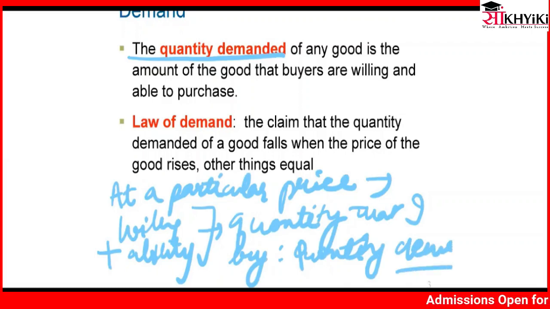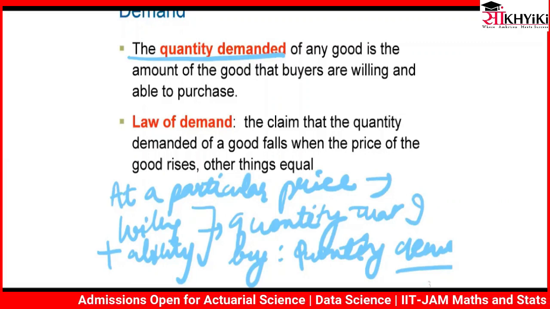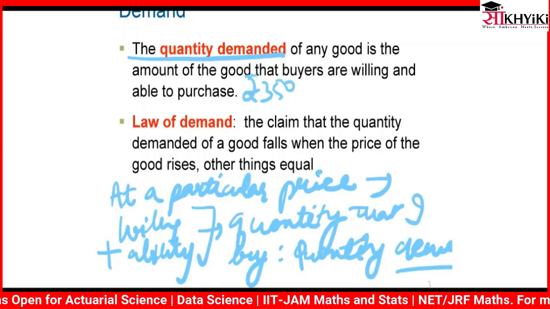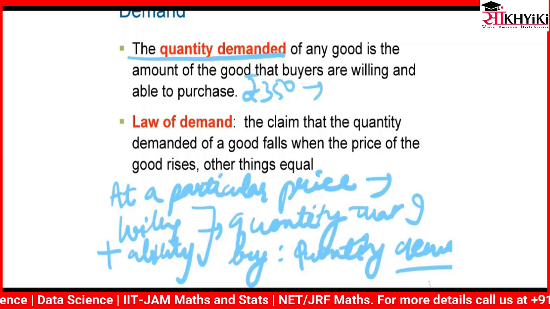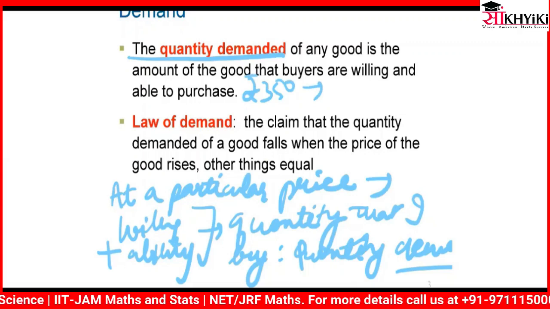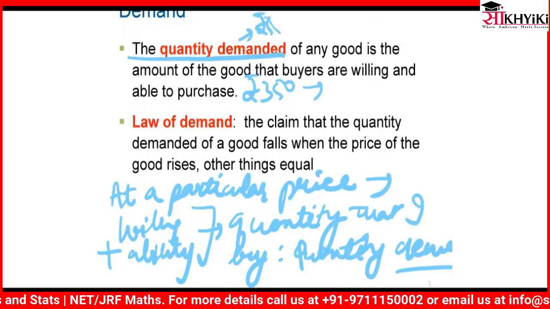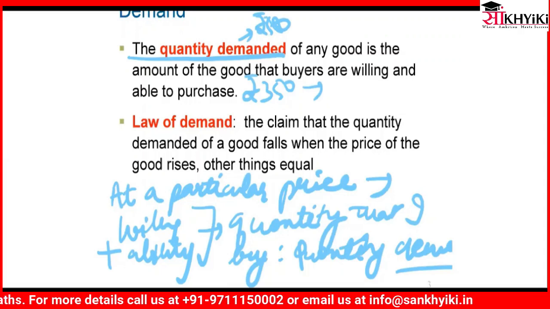Okay. Now there is another thing that we must understand. So for example, suppose there is a book which costs rupees 350, and suppose I have a willingness to buy. I love reading books, so I have my willingness to buy that book, and I have 500 rupees in my pocket. So I also have the ability to buy the book.